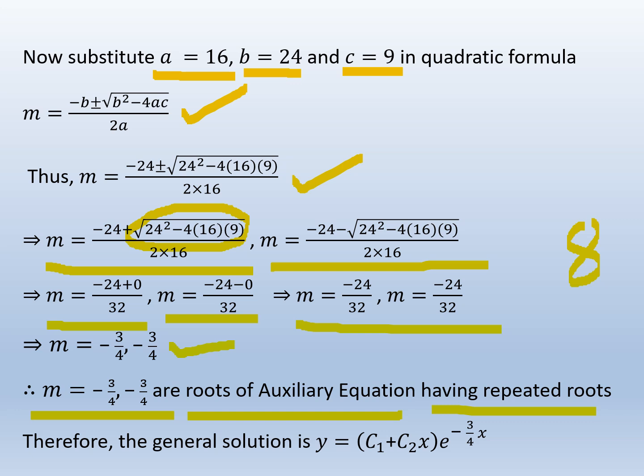So we can take two arbitrary constants C1 and C2 and write the general solution of the given differential equation like this: y is equal to C1 plus C2 times x of e power minus 3 by 4 into x. Therefore, y is equal to C1 plus C2 times x of e power minus 3 by 4 into x is the general solution of the given differential equation.